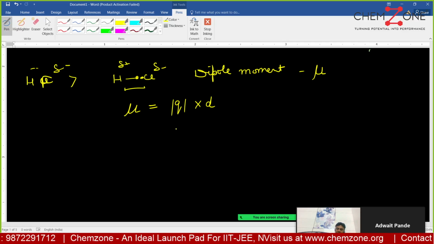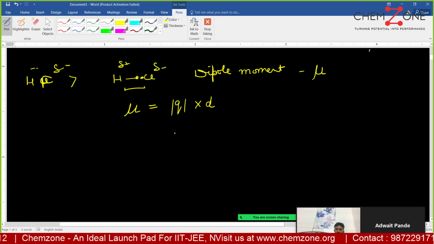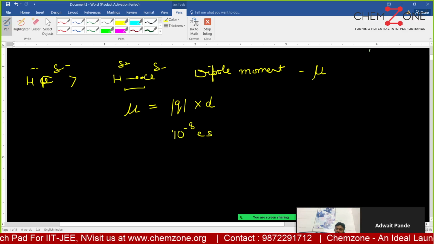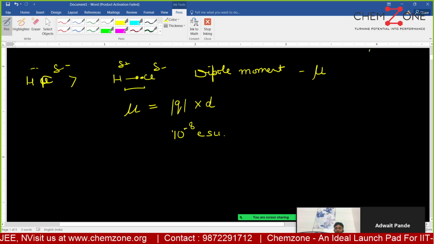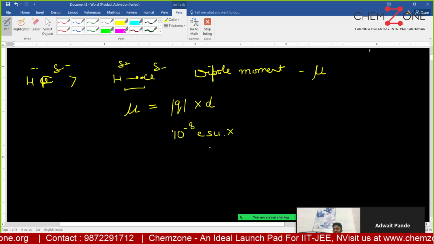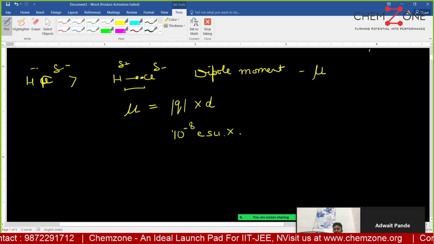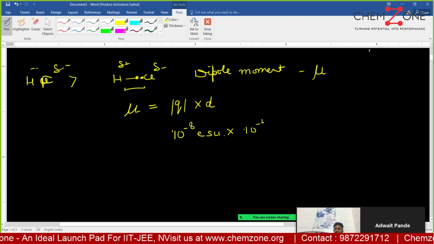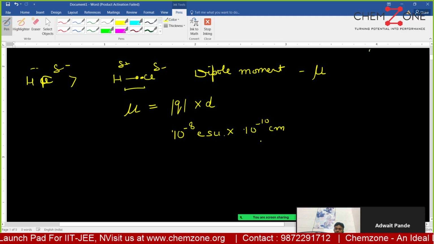The charge is measured in terms of electrostatic units, of the order of 10 to the power minus 8 electrostatic unit, multiplied by d for distance, and that is measured in 10 to the power minus 10 centimeter.